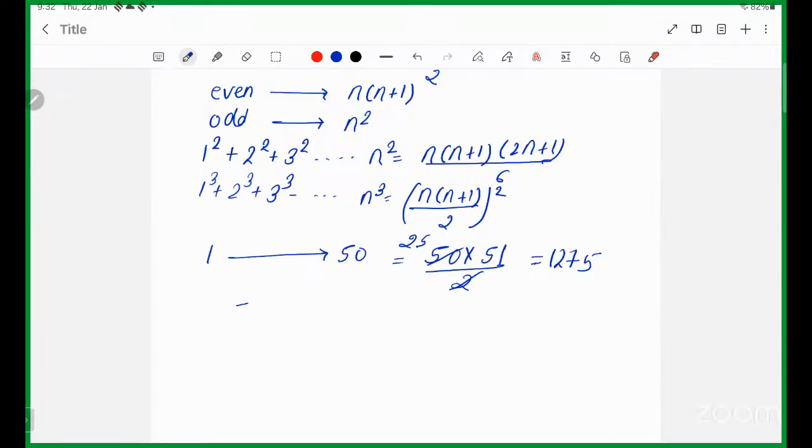But if I have to calculate from 50 to 60, then what I have to do is first add the numbers from 1 to 60, and then subtract the numbers which I have added till 49. So it will become 1 to 60 minus 1 to 49.